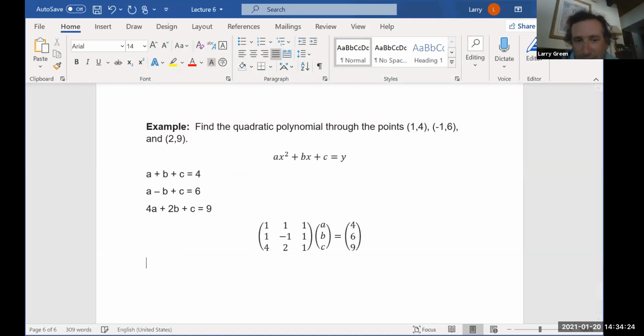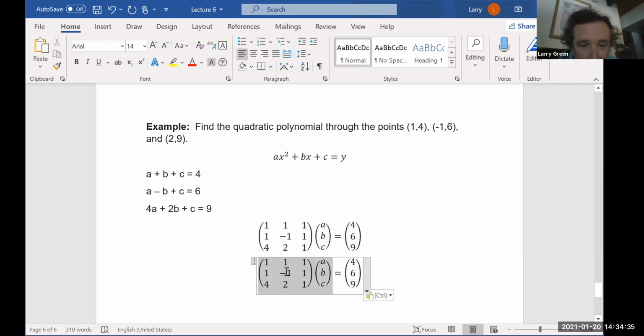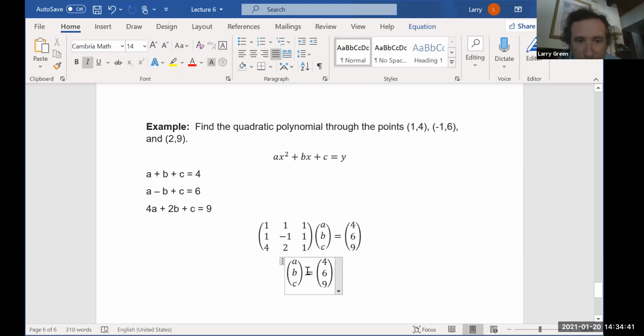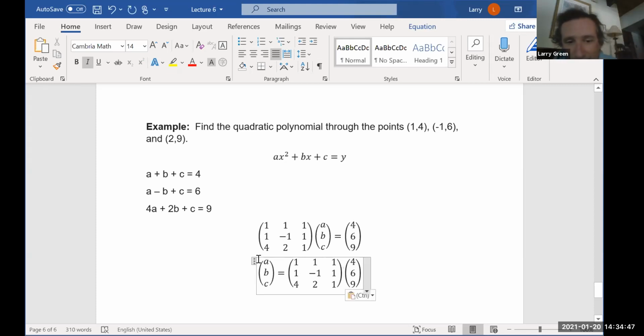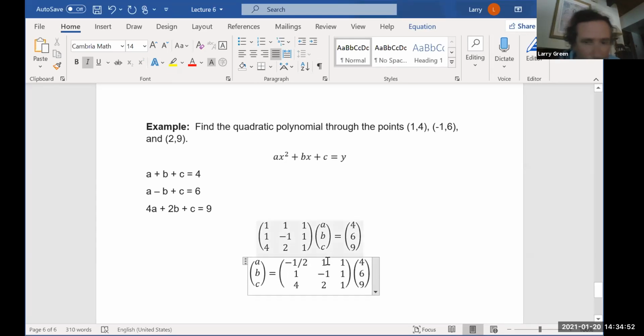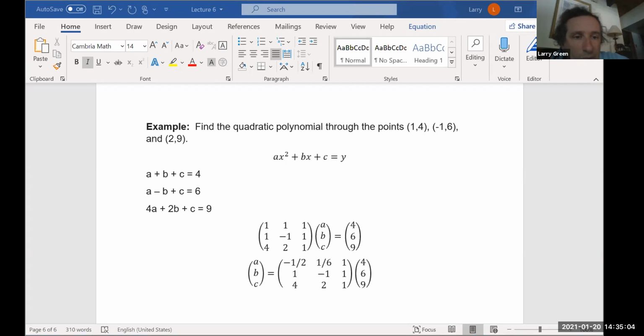So now what I can do is this. There we go. Now the inverse matrix, whose first row was negative a half, 1/6, 1/3. Oh, I lost it. Just a minute.